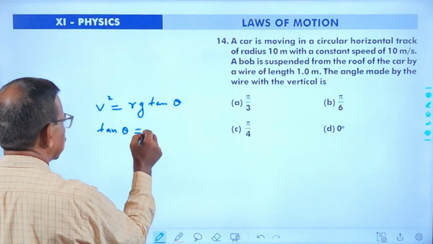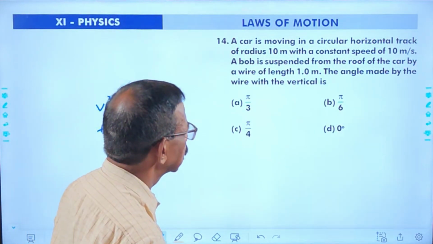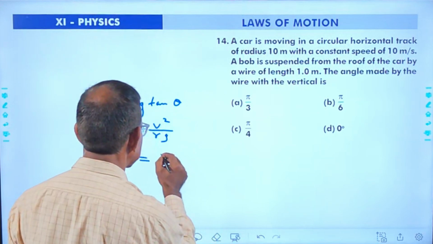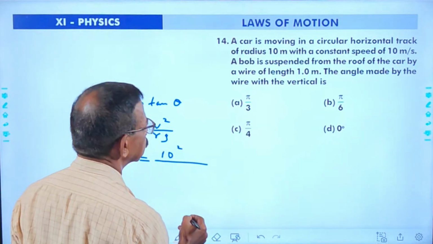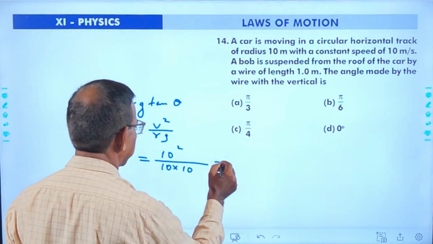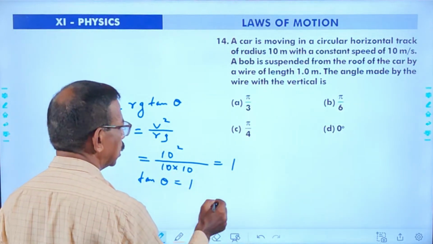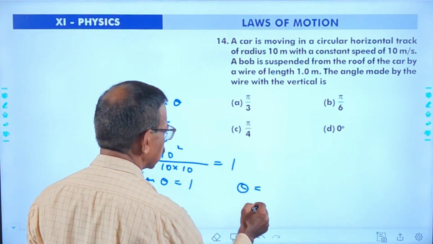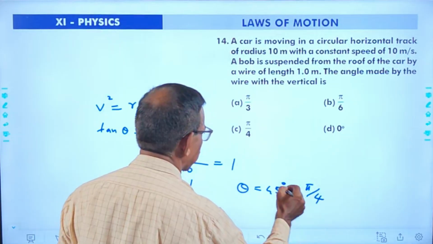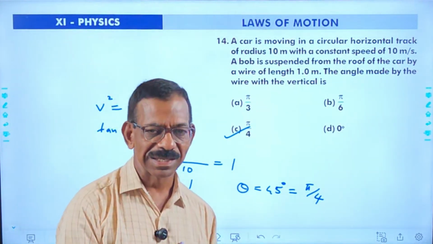That means tan theta equals v square by rg. Here the radius is 10 meter, speed is 10 meter per second, that is 10 square, and g is 10. The answer is 1, that means tan theta equals 1. That is when theta equals 45 degree, that means theta equals pi by 4. Hence the correct answer is option C, pi by 4.